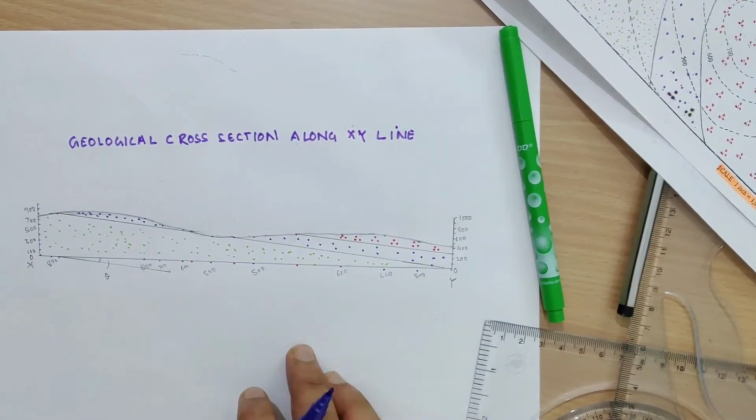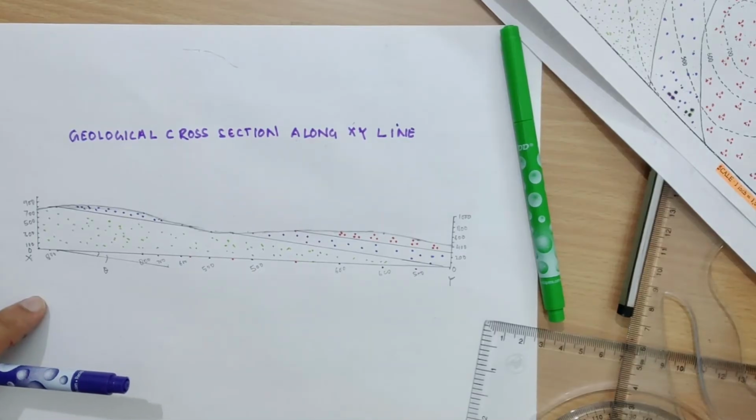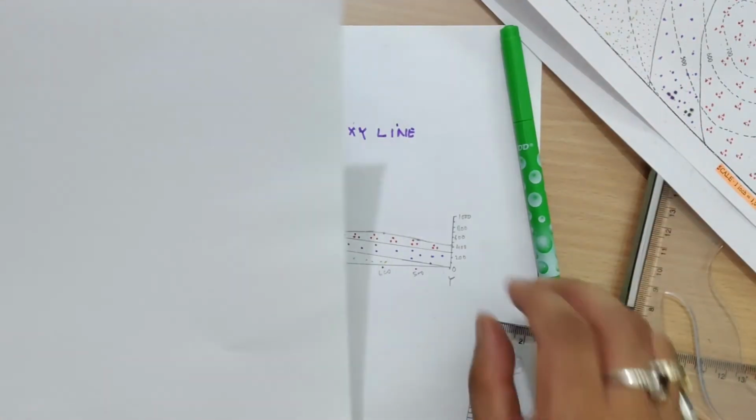Right. Now we can make the index and fill the symbols. So we will be doing this while interpreting this map. So let's interpret this map.